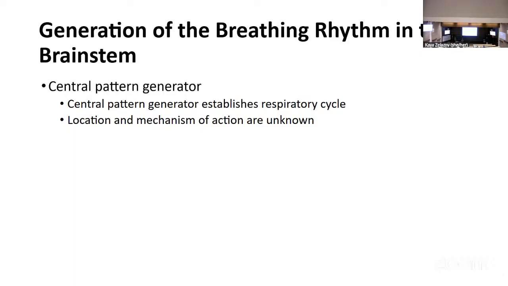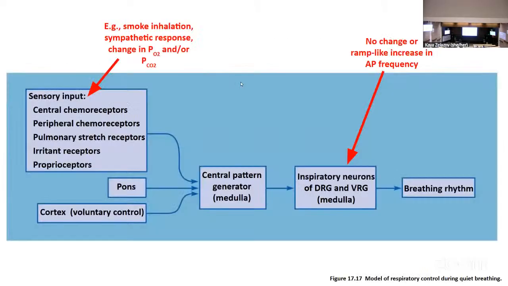But conceptually, we think it's establishing our respiratory cycle. One of the hypotheses is that maybe it's doing that kind of the way the heart rhythm is generated. Maybe we have some pacemaker cells, but when they wrote your textbook, nobody had found them yet. So conceptually, something's got to be doing it. We don't really know what.